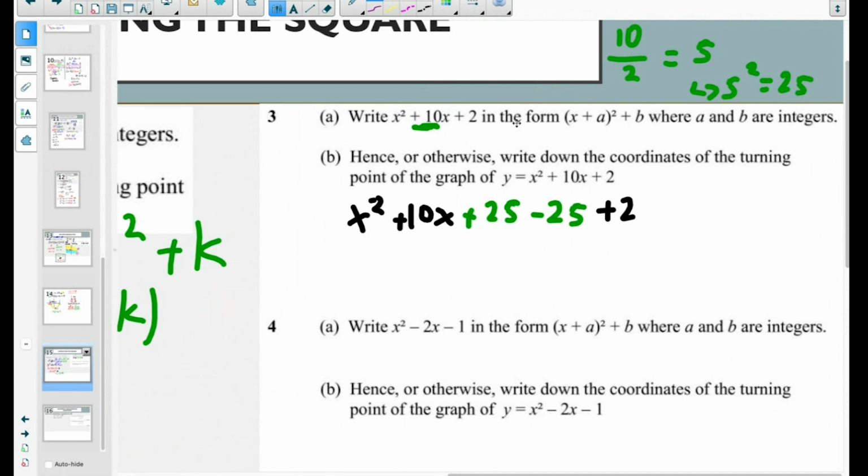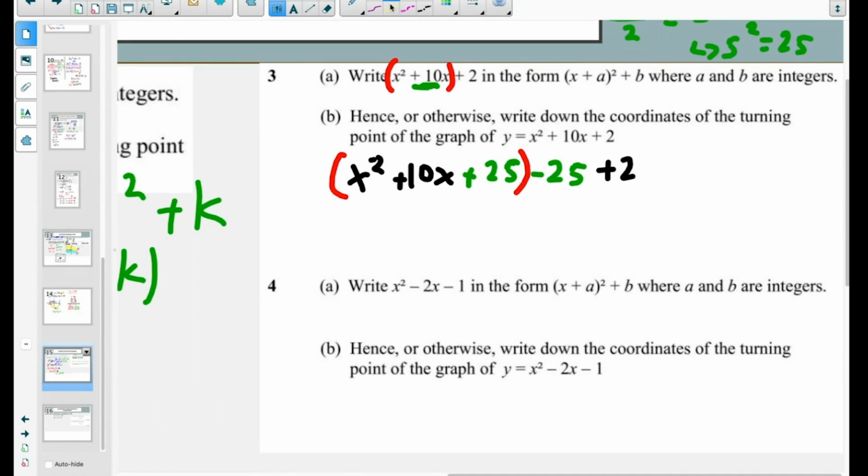Okay. And maybe what we should do is introduce writing the brackets down like this. Again, not necessary when your coefficient is a 1. And maybe I'll do an example later on where you can see why we need to keep those brackets there. Okay. So from here, we're going to write it like so. And then we can factorize this x squared plus 10x plus 25.